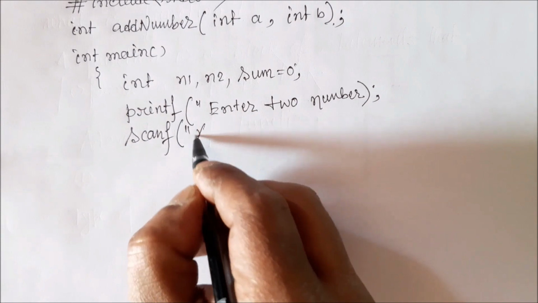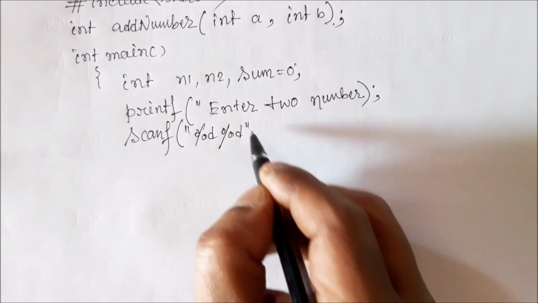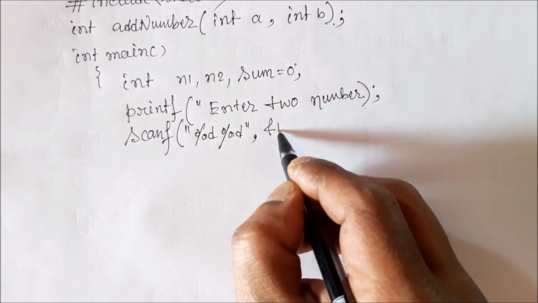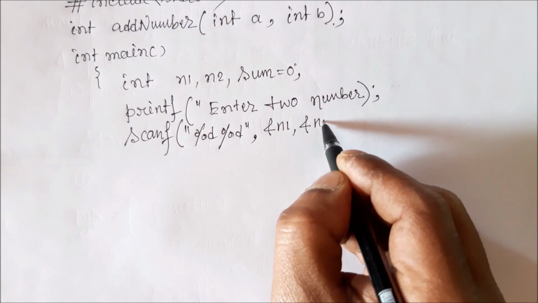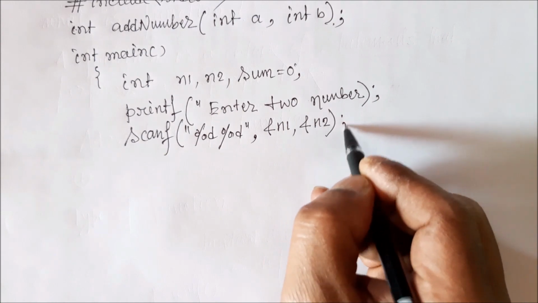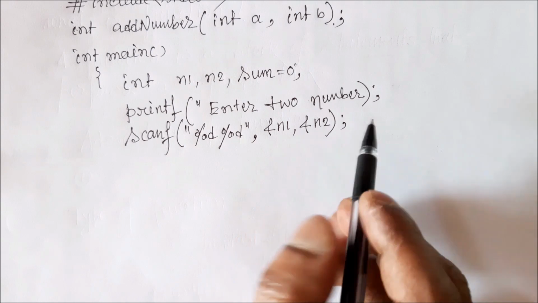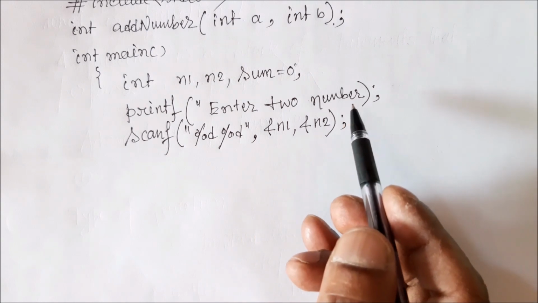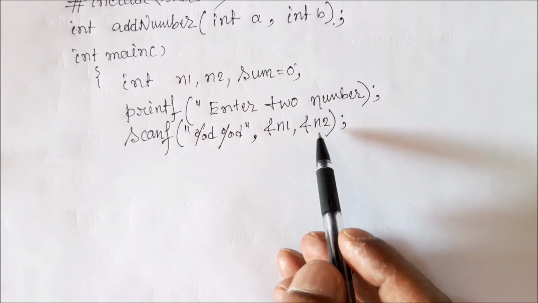Scanf, then percent d, percent d, ampersand n1 and ampersand n2. Okay. Whatever values are given by the user, the first value will be assigned to the variable n1 and the second value will be assigned to the variable n2.